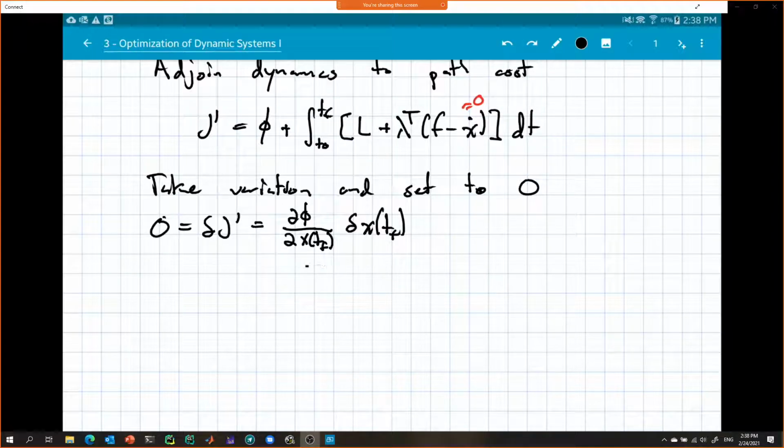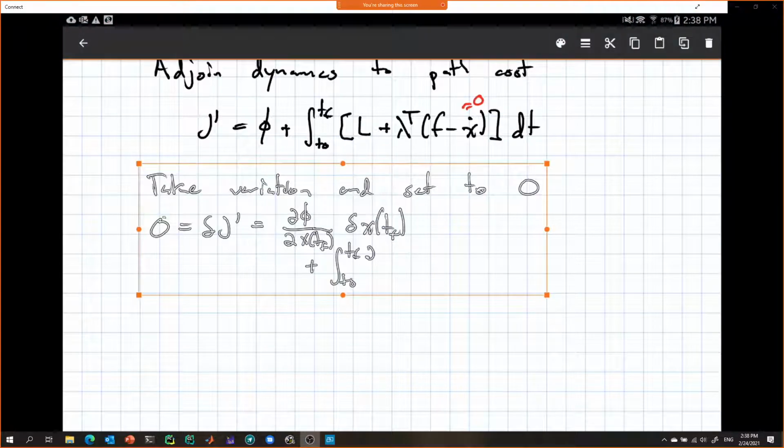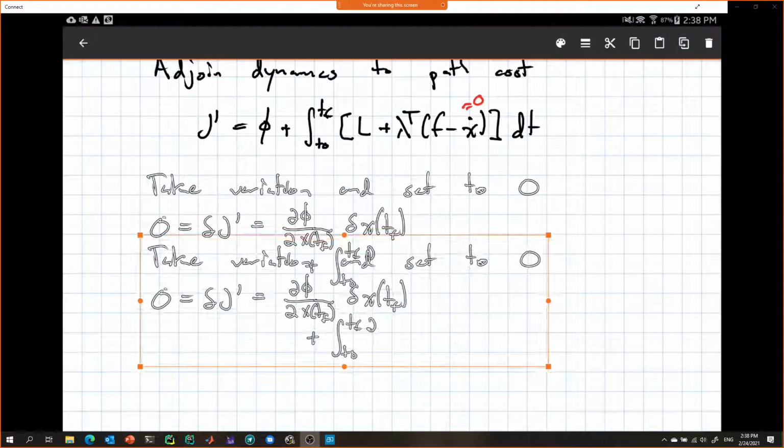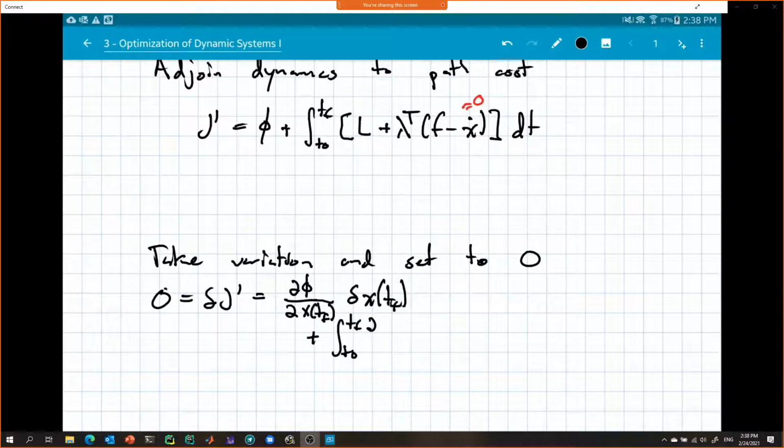Let me move this down here. Actually, I forgot a step, so if you will bear with me, I apologize for this. I'm going to move this down here because there's a helpful definition that I missed.